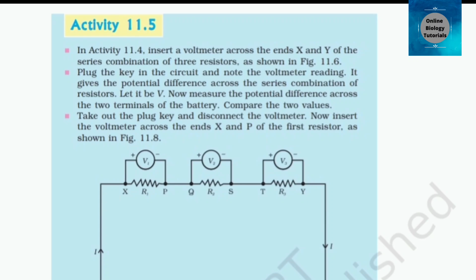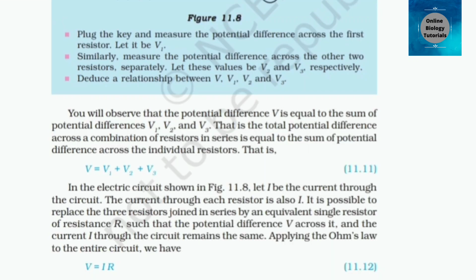Now insert the voltmeter across the ends X and P of the first resistor, as shown in figure 11.8. Plug the key and measure the potential difference across the first resistor. Let it be V1. Similarly, measure the potential difference across the other two resistors separately. Let these values be V2 and V3 respectively.